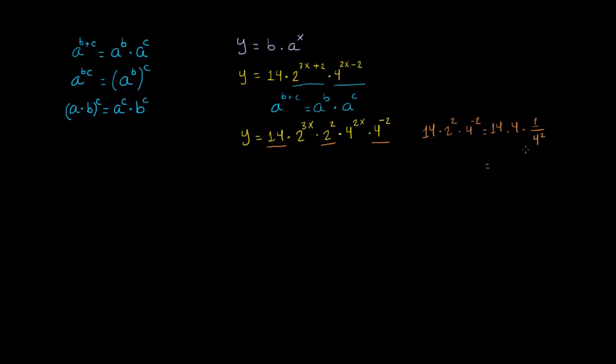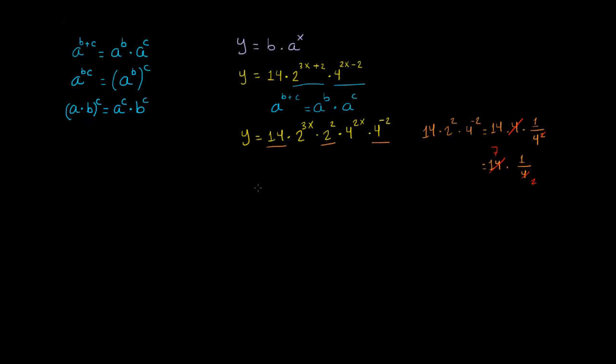In other words, here I can simplify things. I can simplify this 4 with this 4 squared, and then this expression will be 14 times 1 over 4, and here I can just divide both by 2, would be 2 and 7.